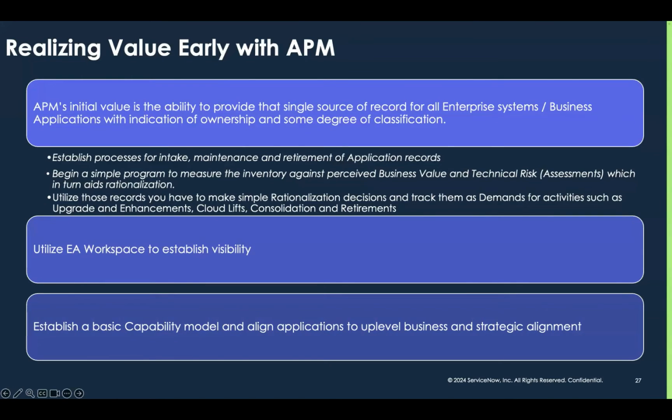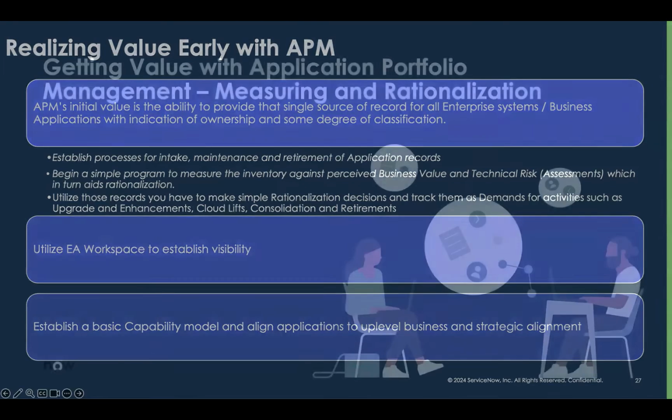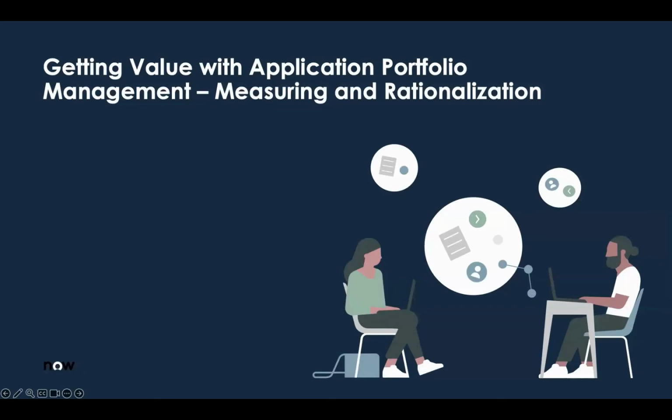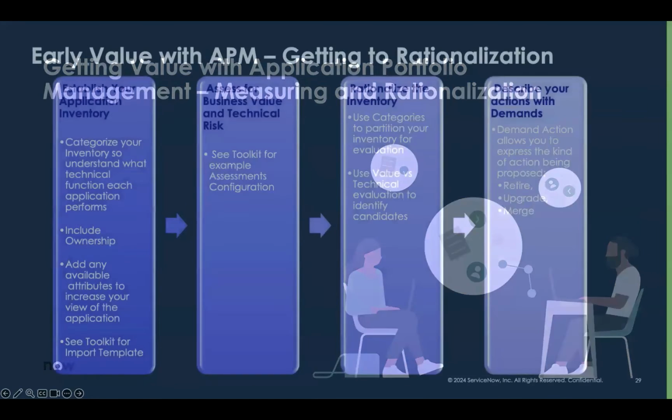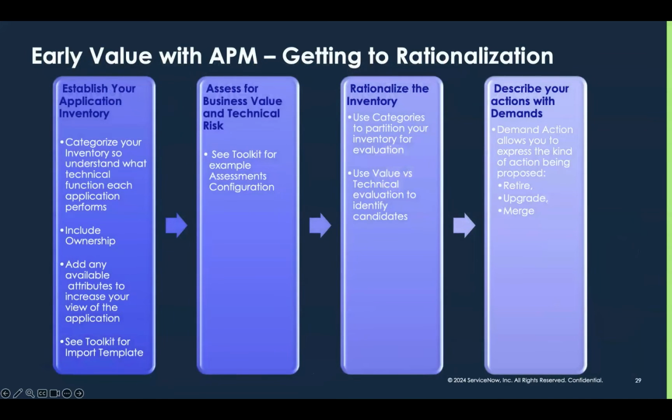So let's take a look at, just to dive a little bit deeper into this. We have a series of steps that we've documented here. Next slide. We're going to guide you in how you can establish your application inventory. Like we said, we want ownership, and any other attributes that you can capture easily.